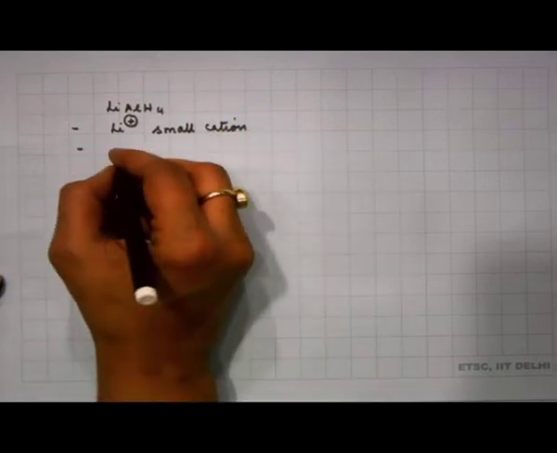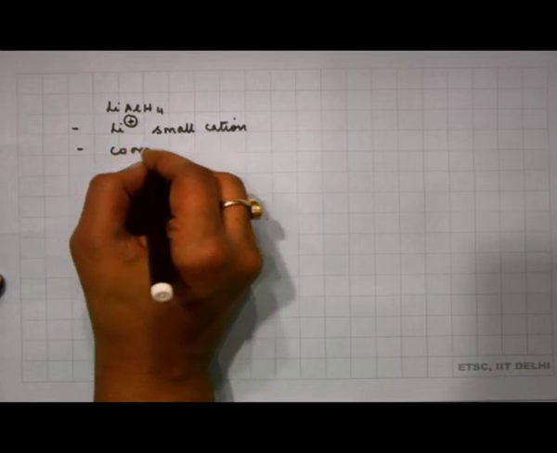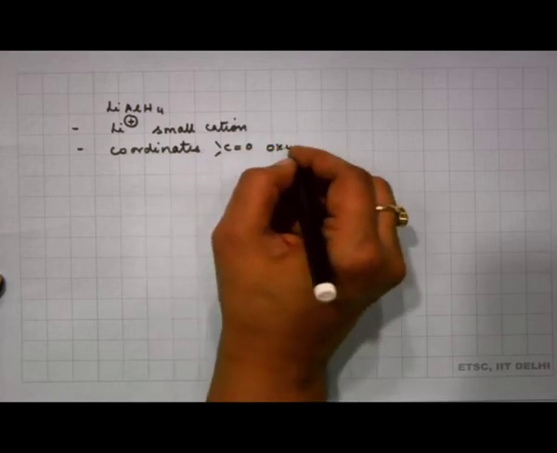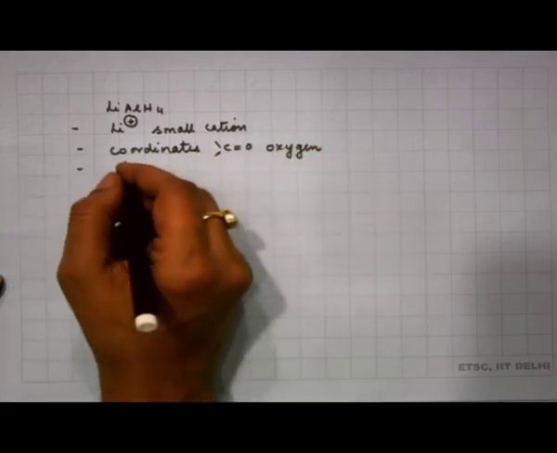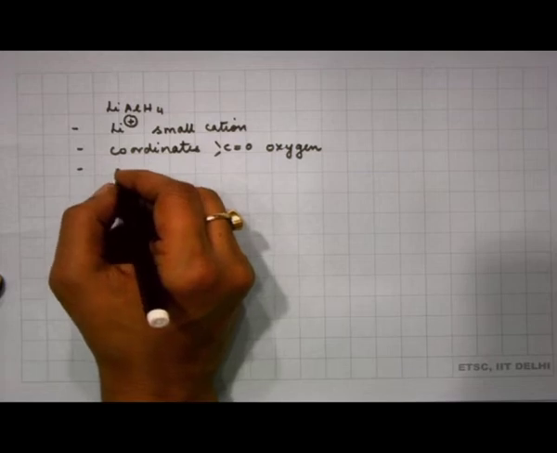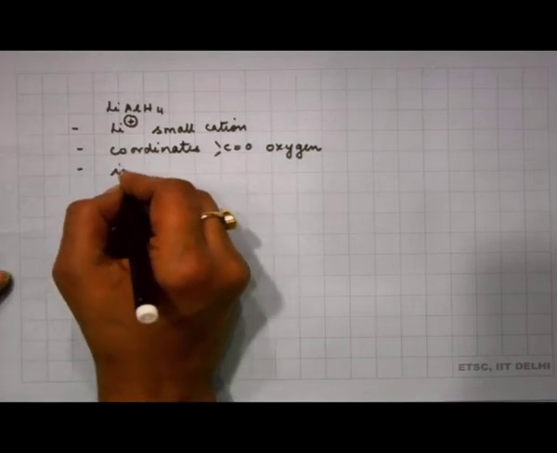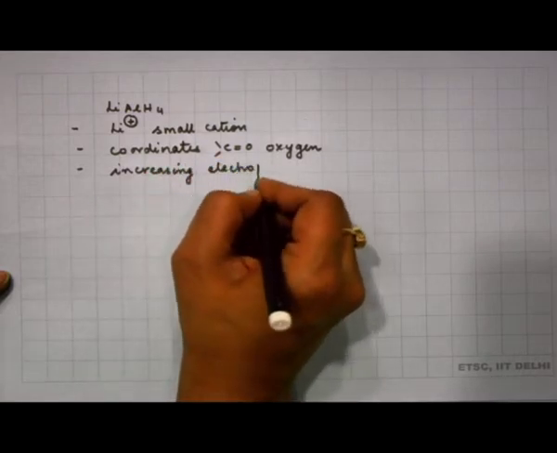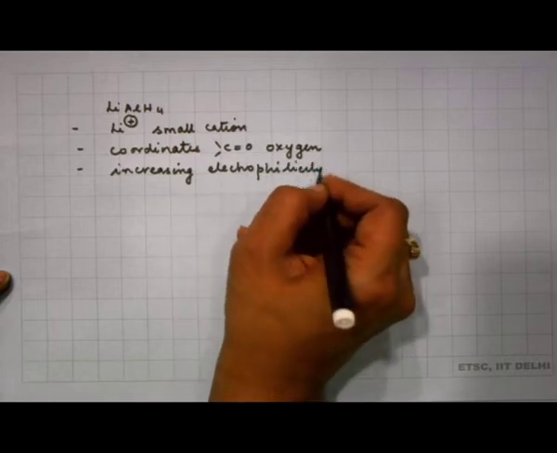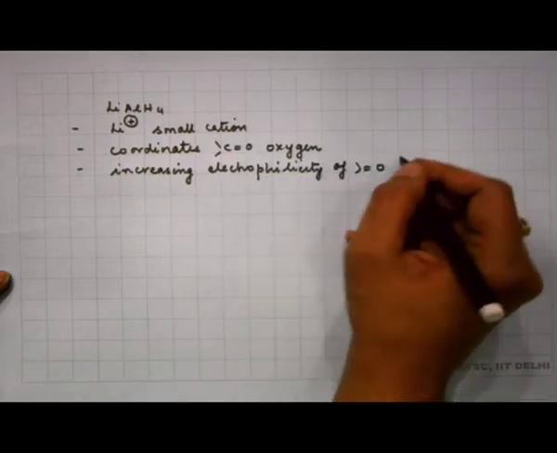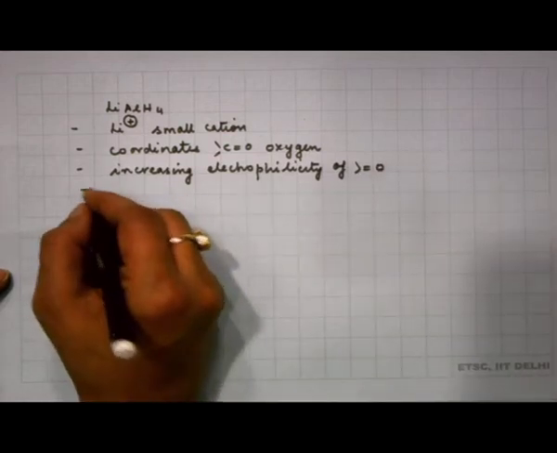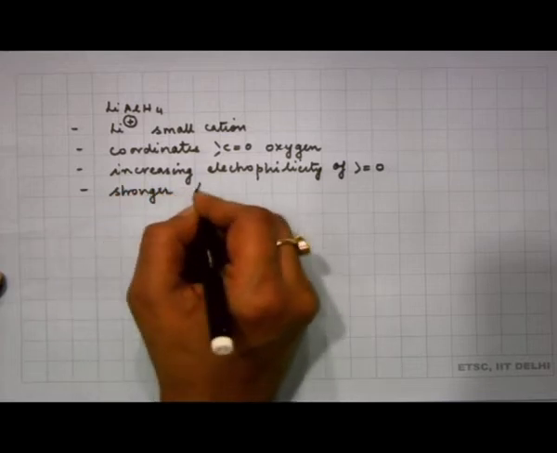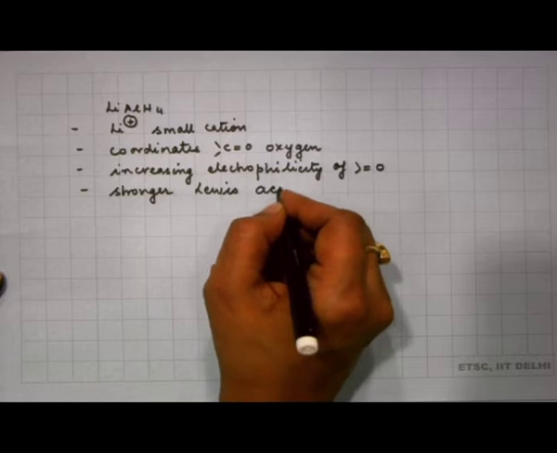So, it coordinates to the carbonyl oxygen and activates it, helping in increasing the electrophilicity of the carbonyl carbon, and therefore it makes it more reactive. In general, it is a stronger Lewis acid and it makes the carbonyl more reactive.